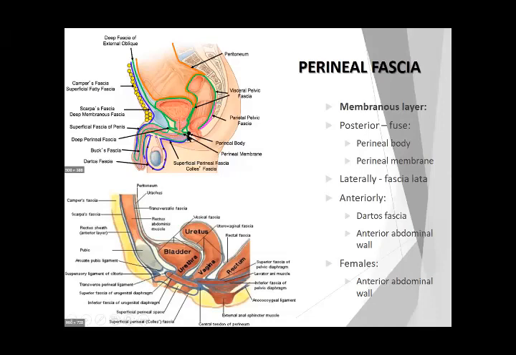So posteriorly, the membranous layer is attached to the posterior margin of the perineal membrane and the perineal body. Okay? Laterally, it fuses with the fascia lata of the thigh.